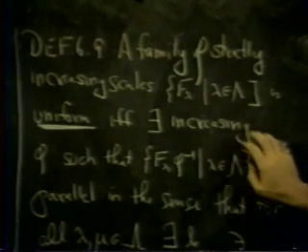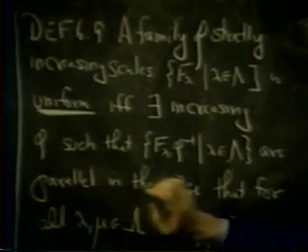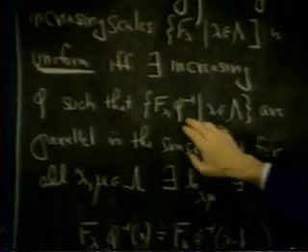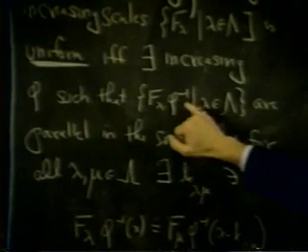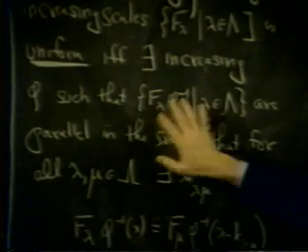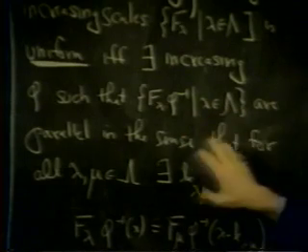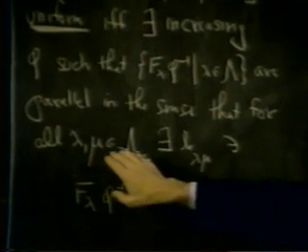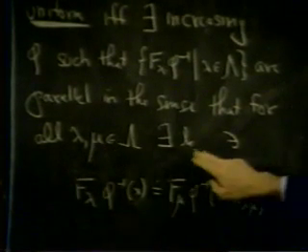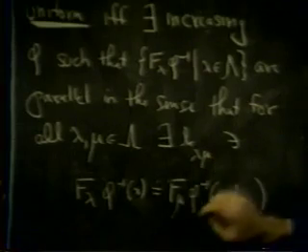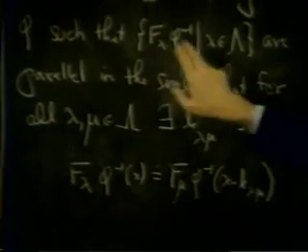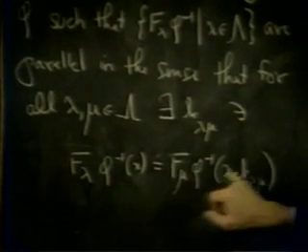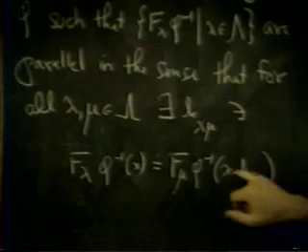So we have a family of increasing scales, and we're going to call that family uniform if and only if there is an increasing function phi such that the new family of scales that is generated by taking phi inverse of the argument and then applying f lambda to it are parallel in the following sense, that given two indices lambda and mu, there exists a constant that depends on lambda and mu such that in the transformed domain they differ simply by a shift.